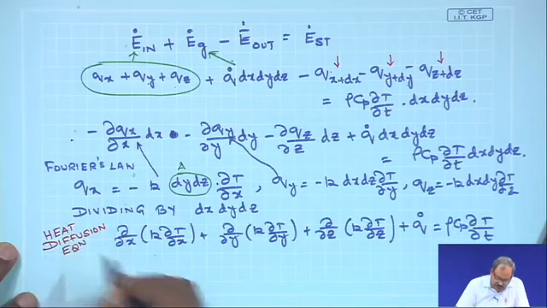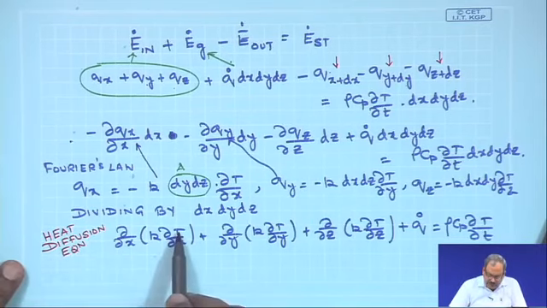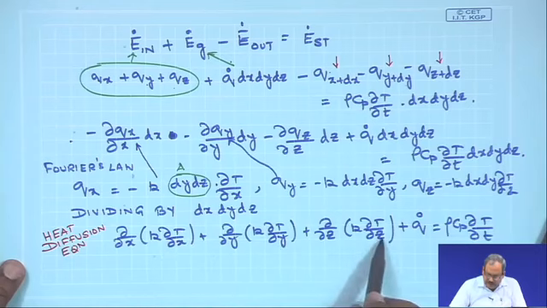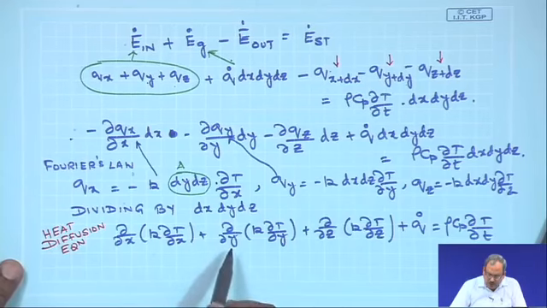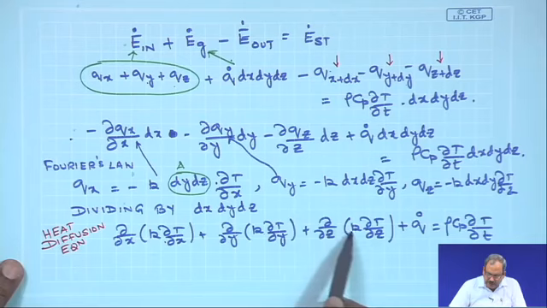And if you look closely, it gives you the variation of temperature with x, y, z and time, and this is nothing but the energy conservation equation, where the only mode of energy transport is conduction.